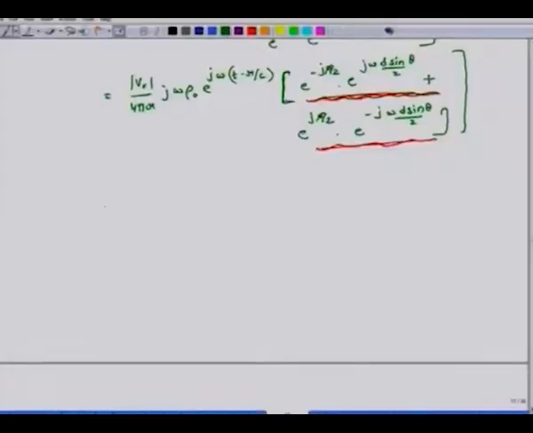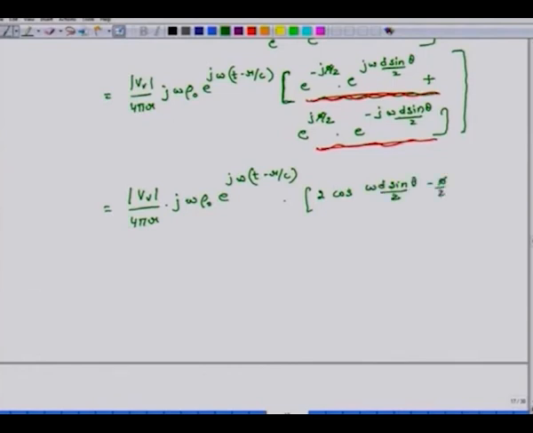So, that is what I do. I get V v over 4 pi r times j omega rho naught e^(j omega (t minus r over c)) times twice the cosine of omega d sin theta over 2 c minus phi over 2. Okay, so this is the simplified expression here.